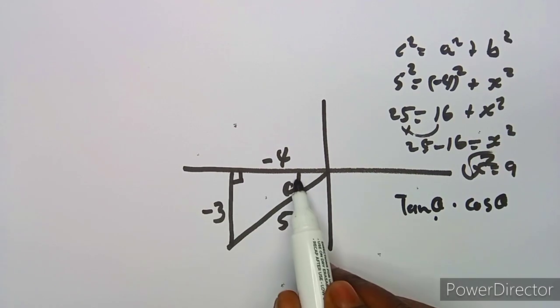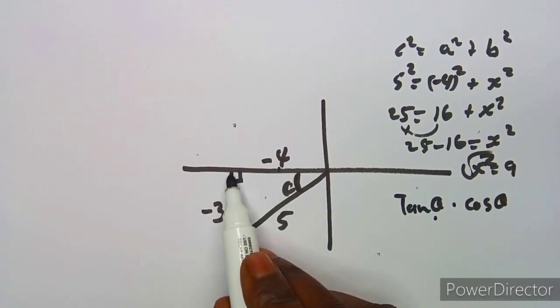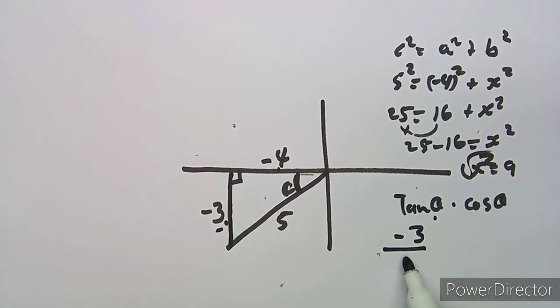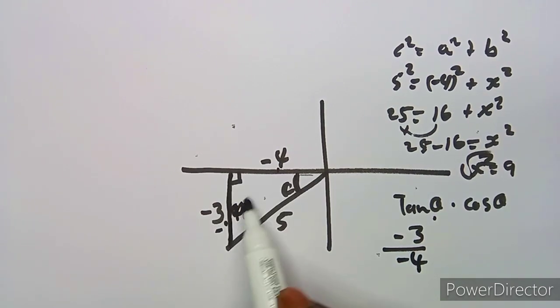Tan theta, which is opposite over adjacent. This is in the negative region, this one. So tan theta is -3 over the adjacent, which is -4. According to this, this is your opposite. According to theta, this is adjacent, so it's going to be positive.